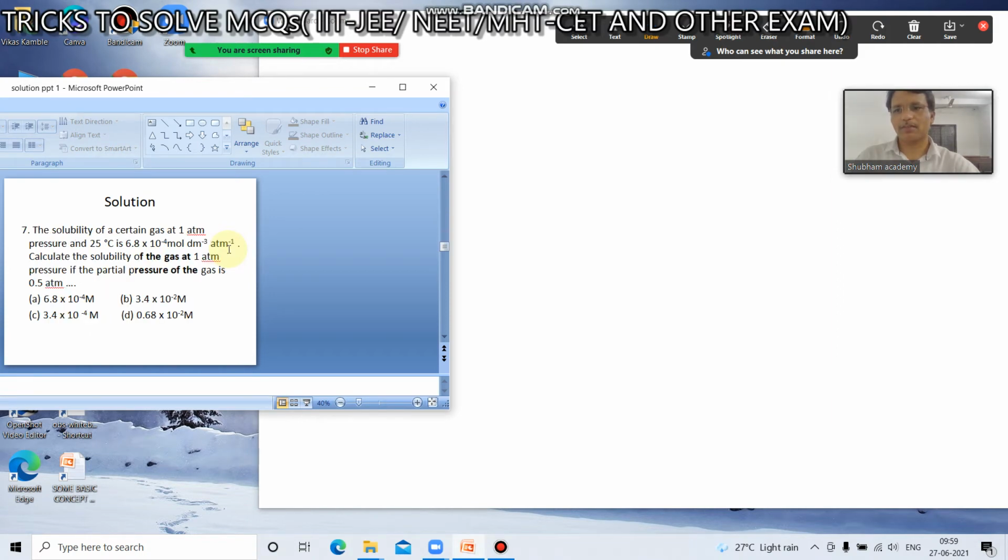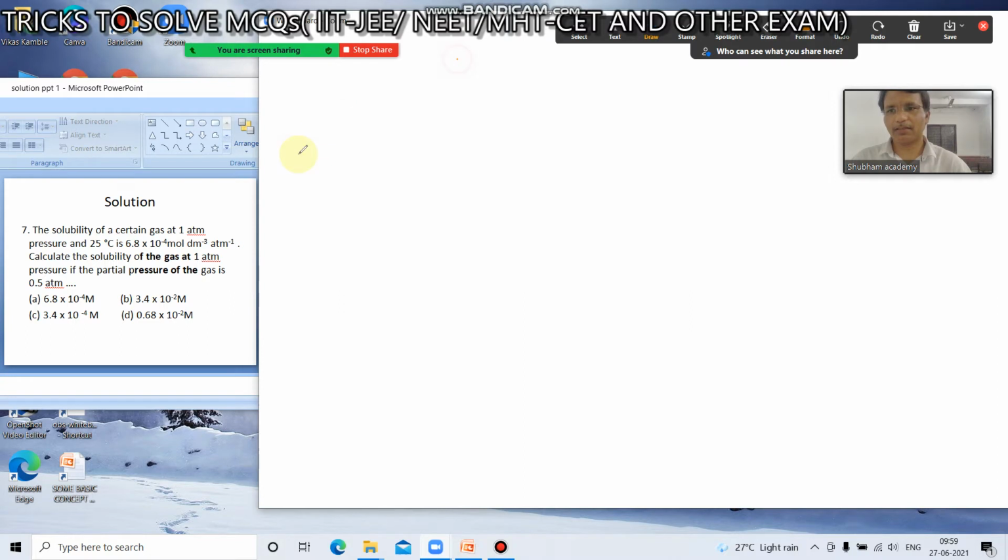Next question, the seventh question. The solubility of a certain gas at 1 atmospheric pressure is given. Calculate the solubility of the gas if the partial pressure of the gas is given. So let's start solving this question. S is equal to Kh into P, and here solubility is given.